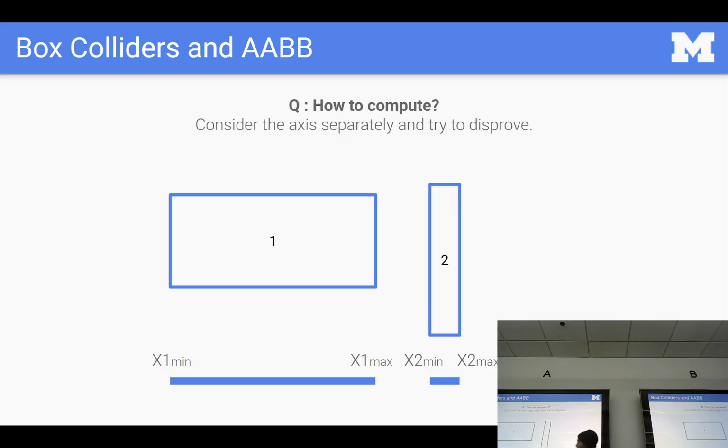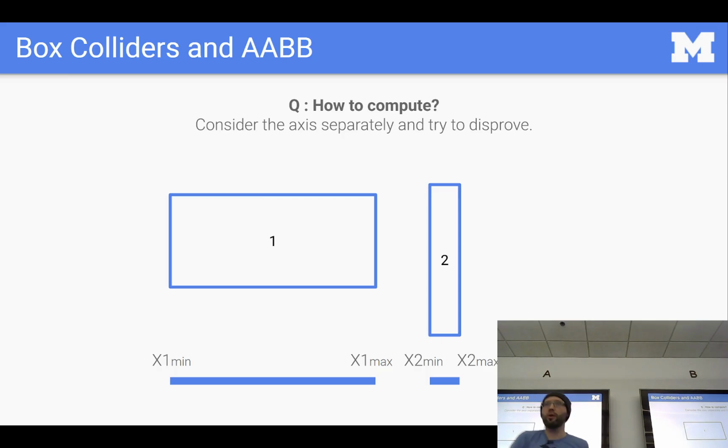You look at one box and you say, hey, if one box's maximum value on that axis is smaller than the minimum value of another box, it isn't possible for them to conflict on that axis. And by the way, if you can't conflict on one axis, do you even need to check the second? The answer is no. Exactly.